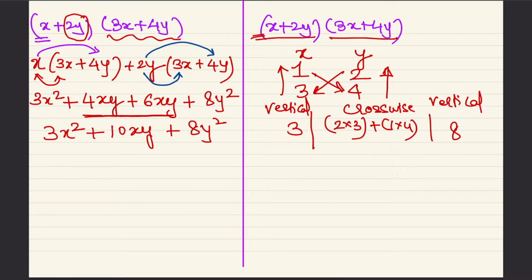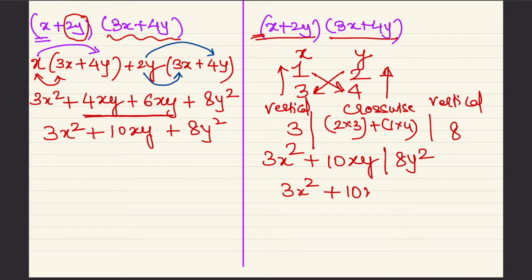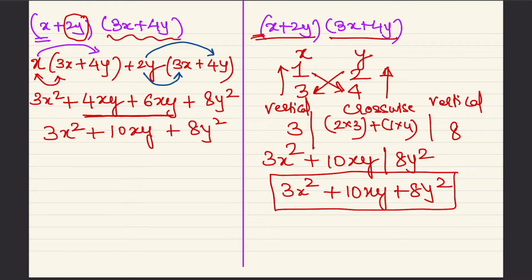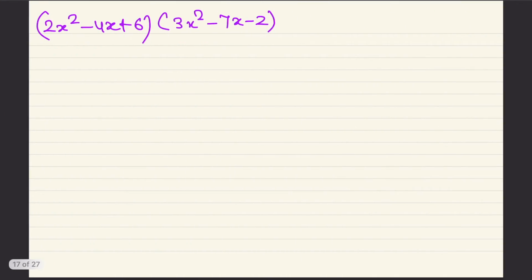So since we are multiplying here x with x, so we'll write 3x square. 6 plus 4 will give you 10 and x and y and 8y square. So just by multiplying the coefficient in this manner we can get the answers of the two binomial easily. Similarly we can try for the multiplication of two trinomials.